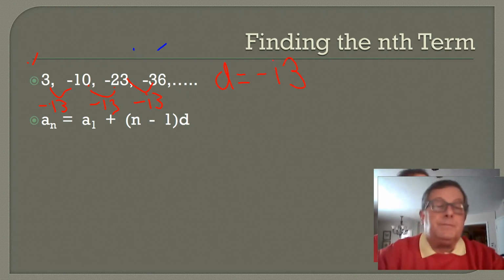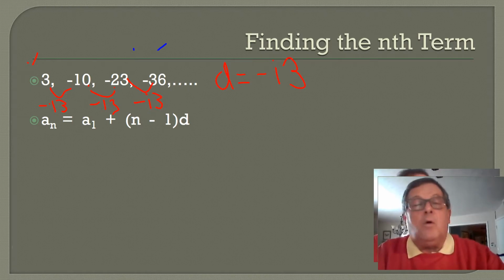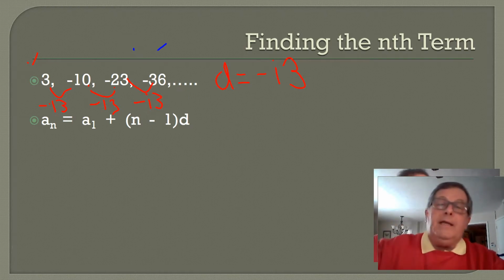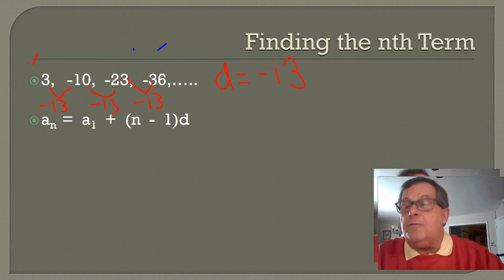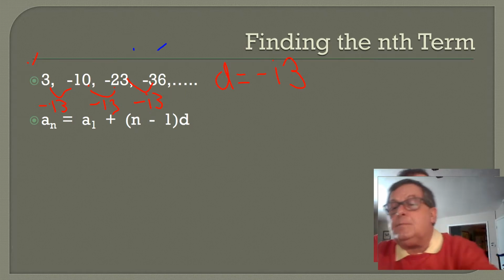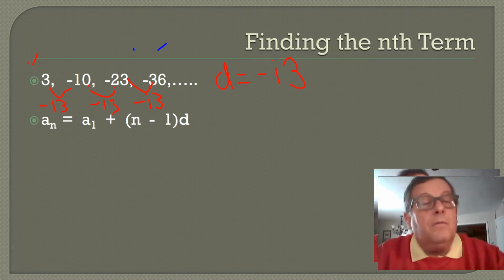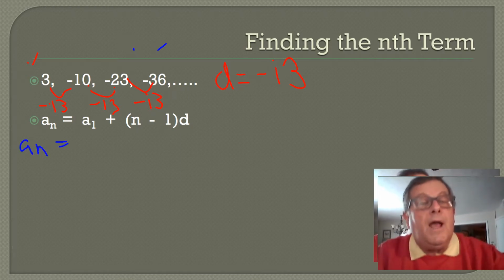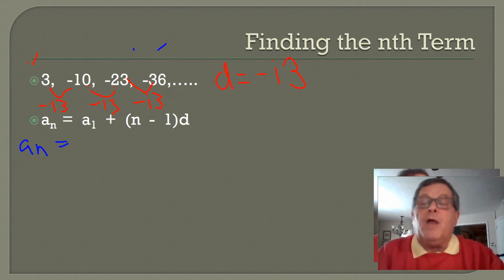All right. Now, I want to get my equation put together so that I can then determine any number within this arithmetic sequence. So let's see here. Now, we got a sub n equals a1. Now, what are we going to put in for a1? We're always going to put the first number of the sequence.